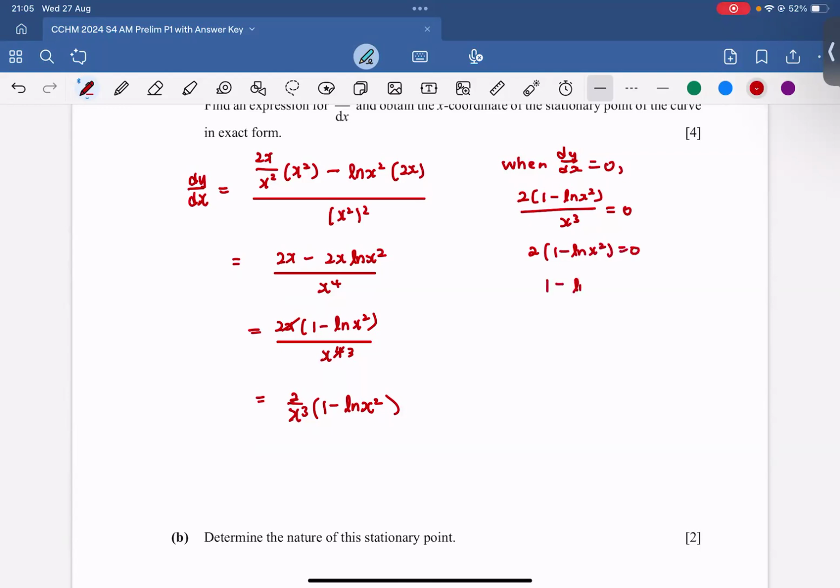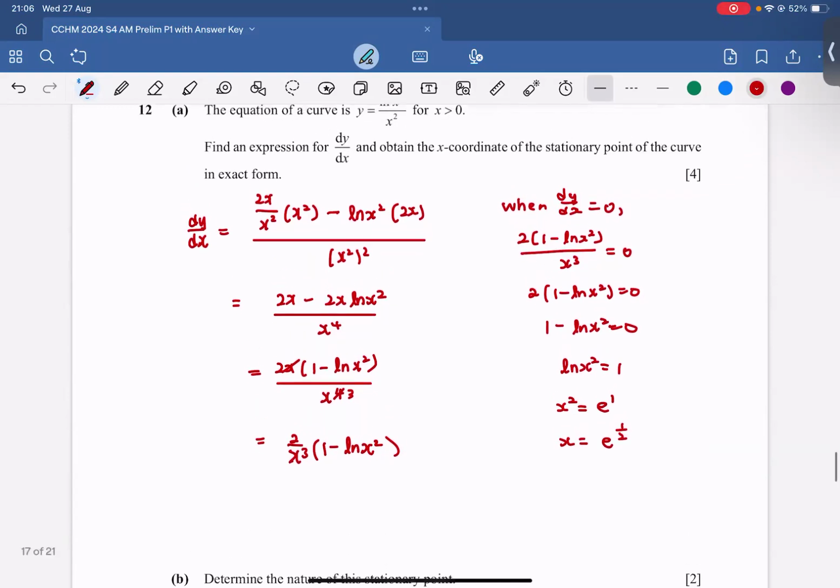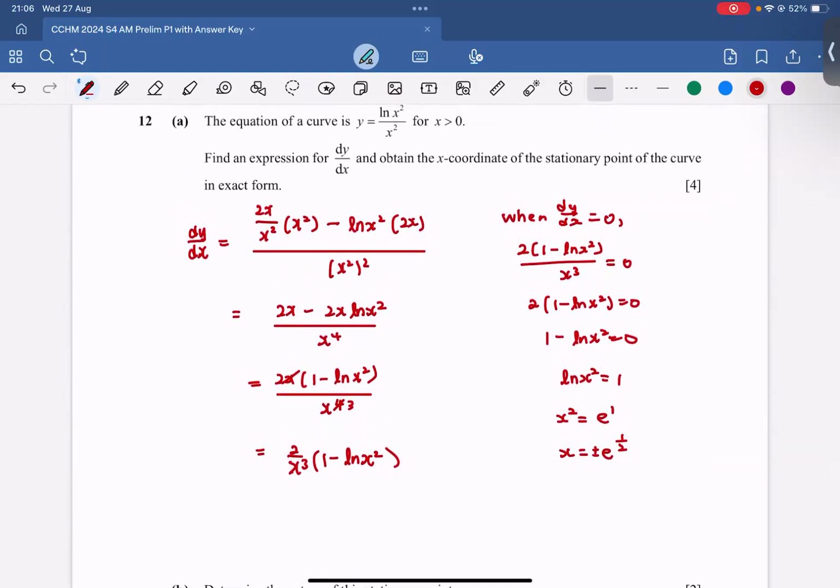Divide by 2, ln x squared equals to 1. Then use the most important formula. This is actually e power 1. Now we square root, this becomes e power half. By right got plus minus. Therefore x equals to positive e power half, because the question mentioned that x is more than 0.